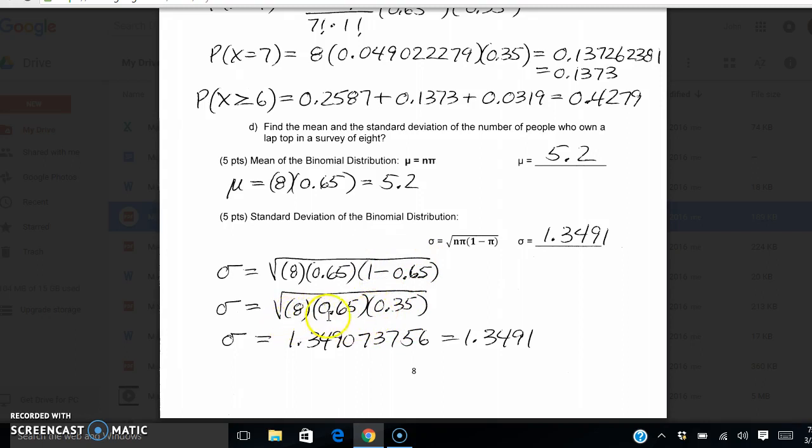We multiply these three numbers together, and then we have to take the square root of that product, and this is what the calculator will give you, and you round it off at the 4th decimal place. And so the standard deviation, the sigma, of the binomial distribution is 1.3491.